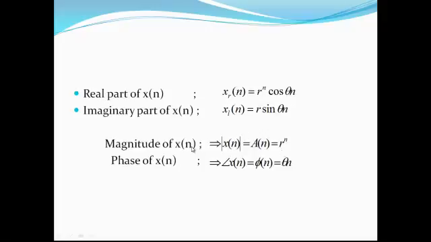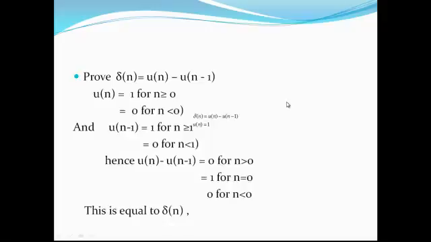So the magnitude of xn is the modulus of xn, that is An, and that is this. And then you have the phase of xn. The phase of xn is phi n; here it is theta n. Clear?